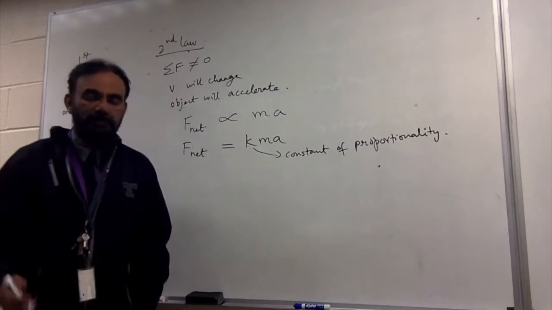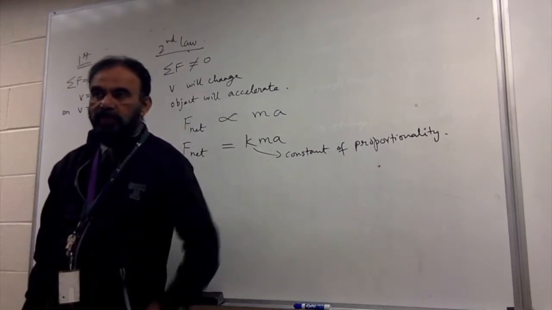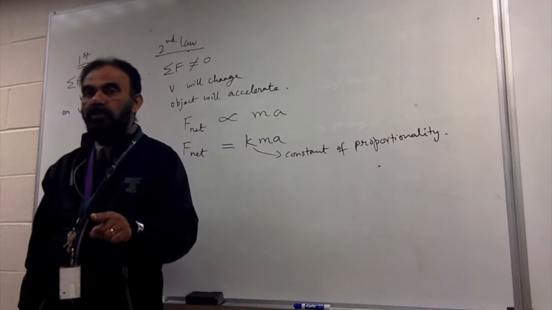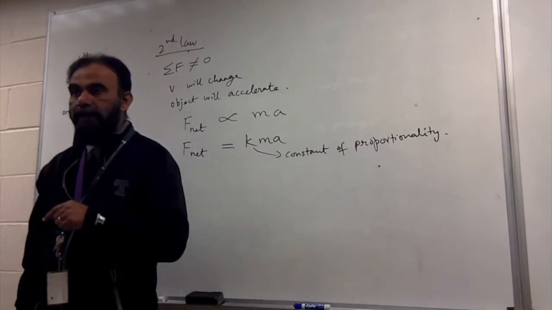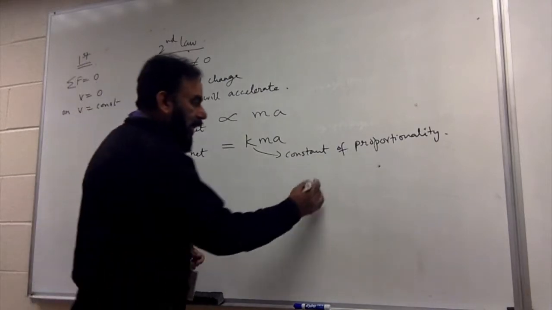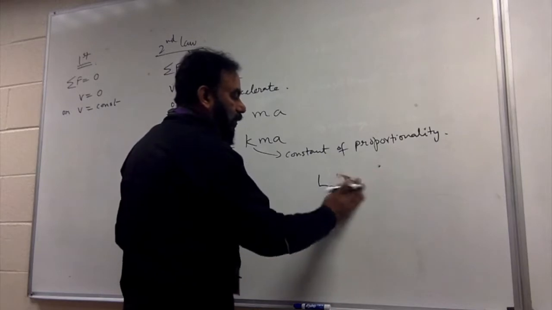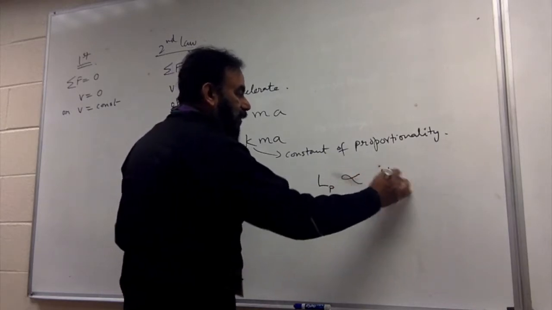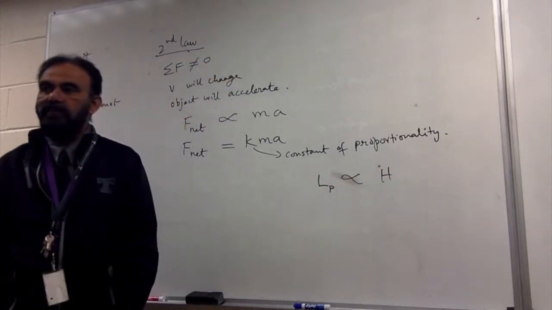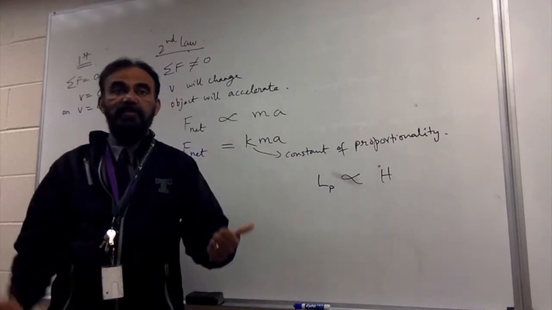To give you an example, the length of one's pants is proportional to the person's height, correct? Is that statement perfectly okay? The length of the pants is proportional to the height of the person. Everyone agrees with it.